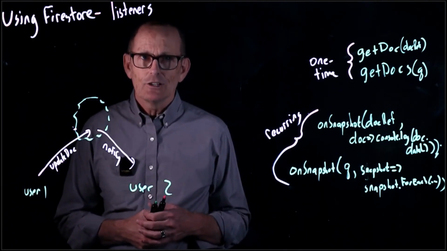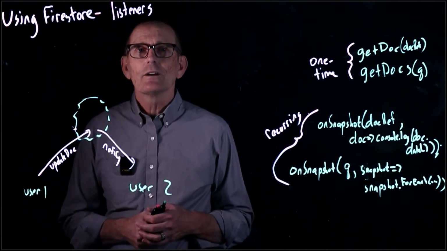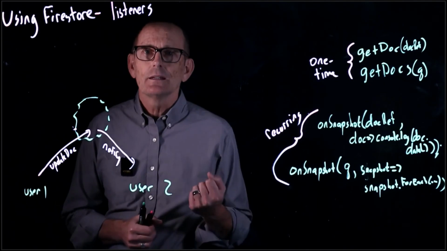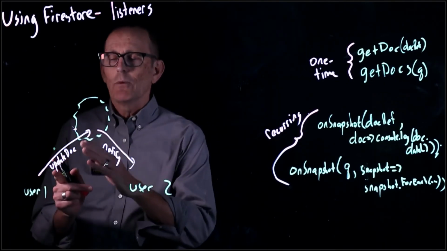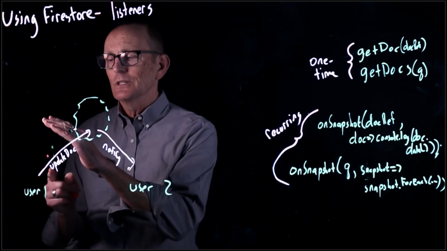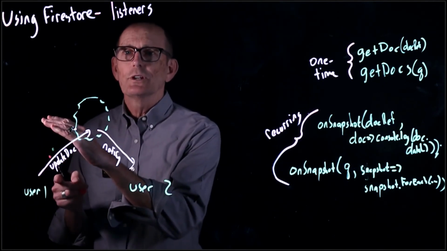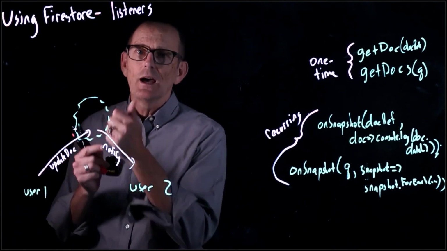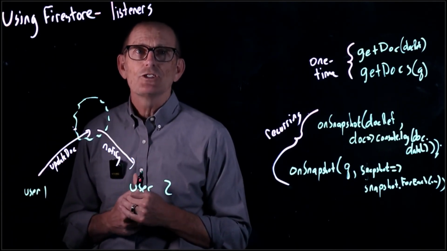A second advantage of that is that Firestore can also work in a disconnected mode. If you don't have a network connection, the updateDoc is actually going to work, and it's just going to save the information in local storage. When we next are connected to the network, it will send up any saved changes that need to go.